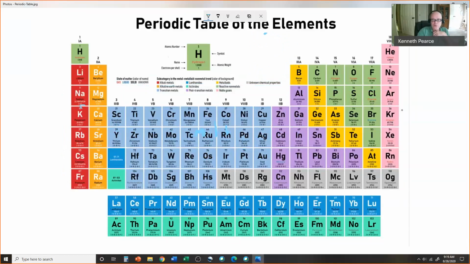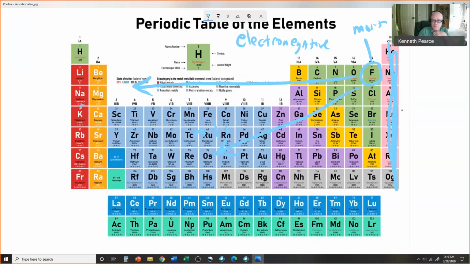So if we go electronegativity, fluorine is the most electronegative. And these guys are not electronegative at all, the noble gases. And as you go away from fluorine, these are actually less electronegative.